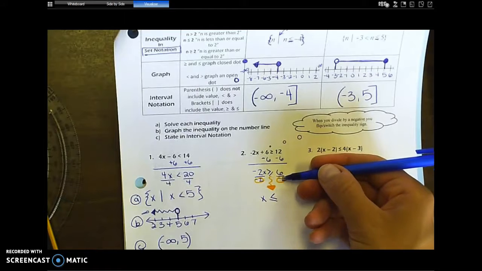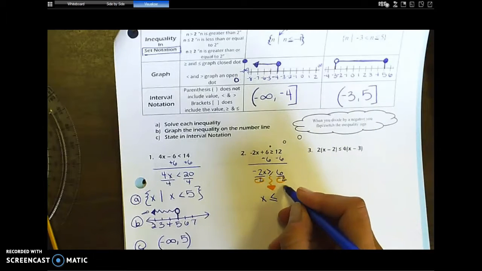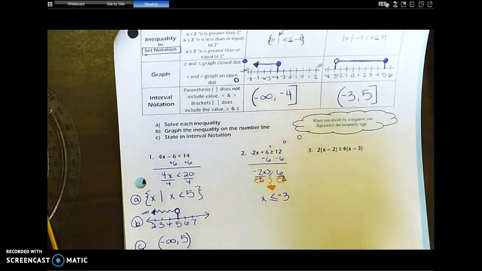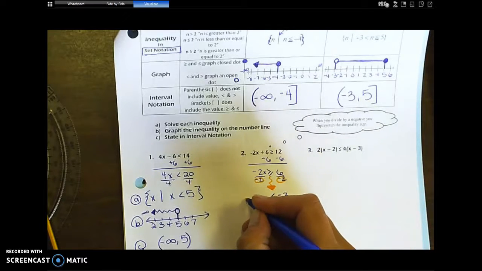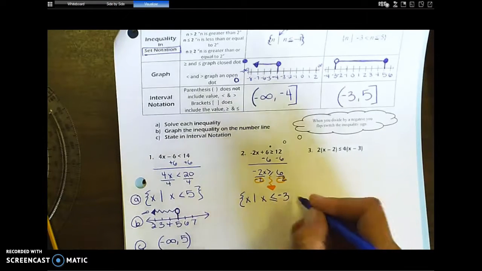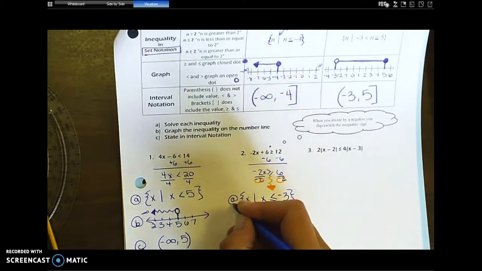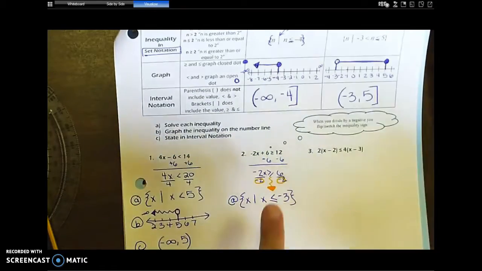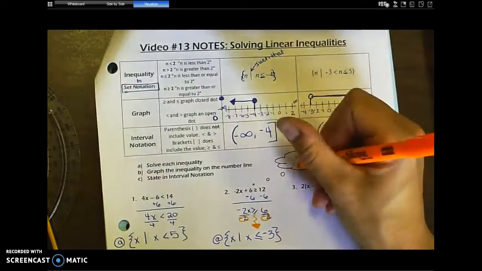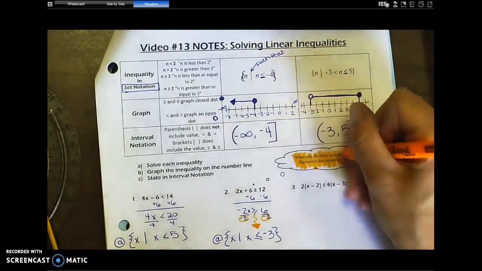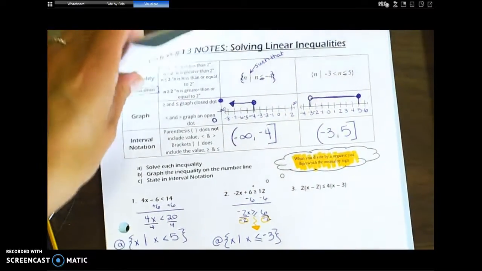Over here, 6 divided by -2, we get -3. Okay, and I'm going to put that into set notation, and we've got part A. So when you divide by a negative, you have to flip or switch that inequality symbol.